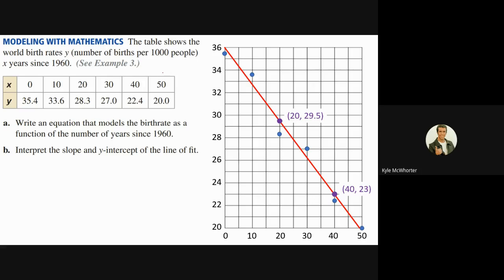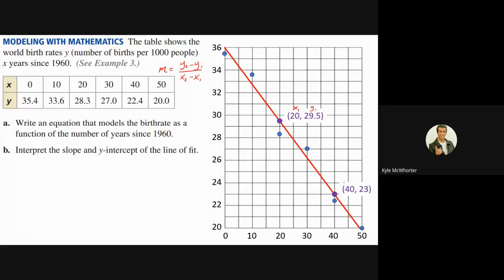If you remember the formula for slope, I'm going to write it up here. It was y2 minus y1 divided by x2 minus x1. So we need to label our points. Our first point, the x value is x1 and the y value is y1.